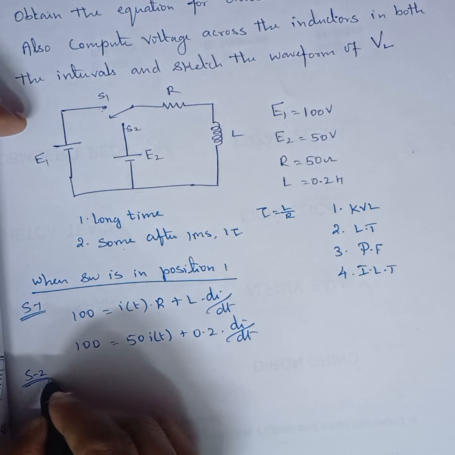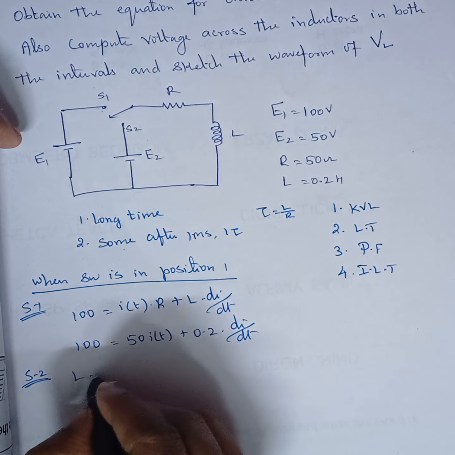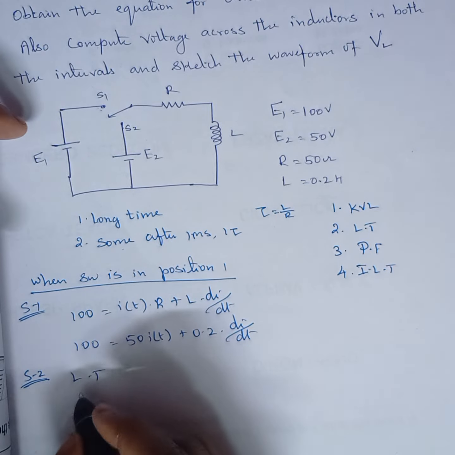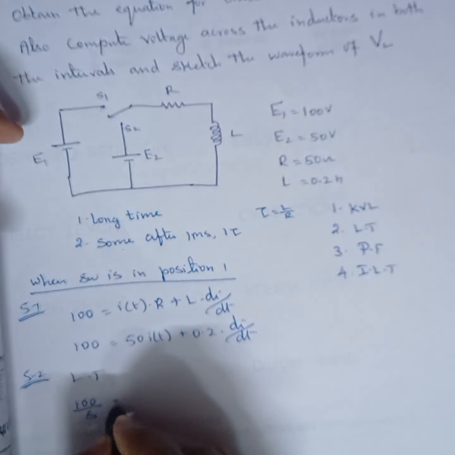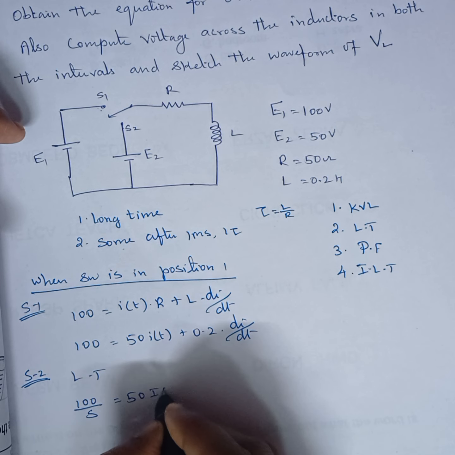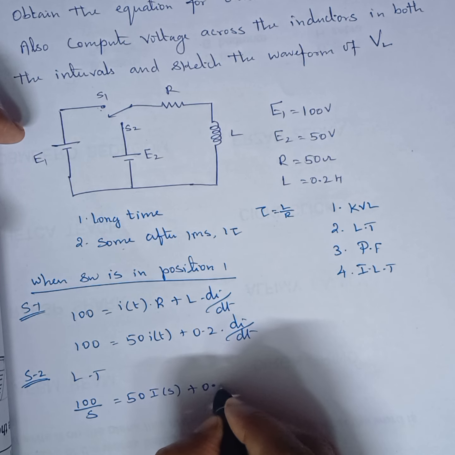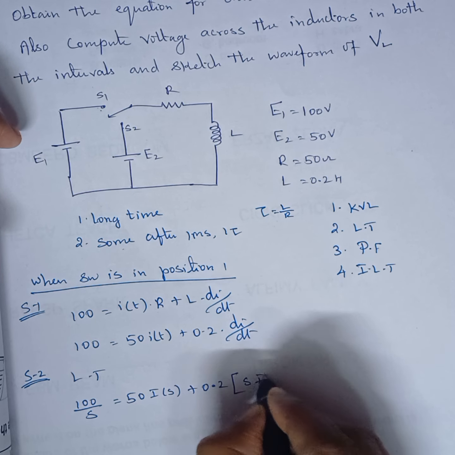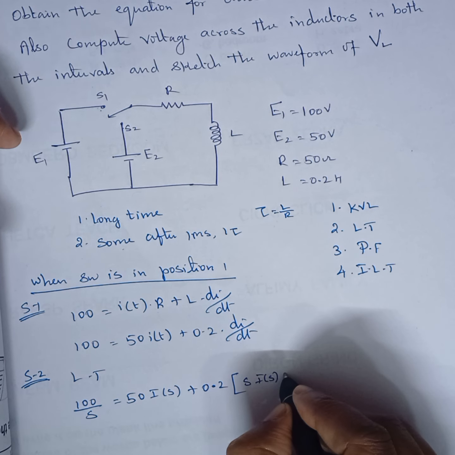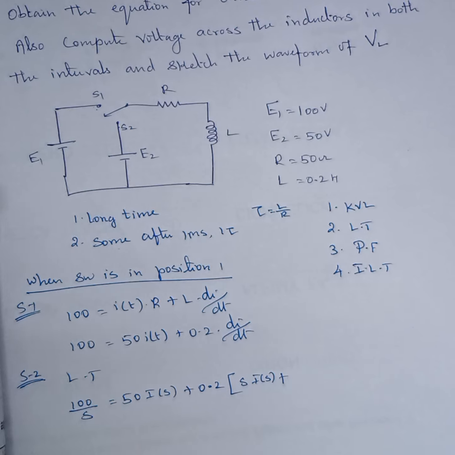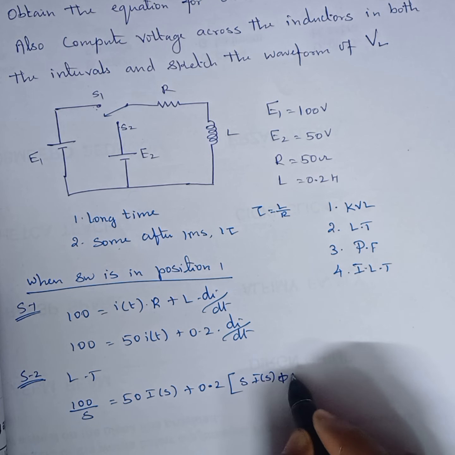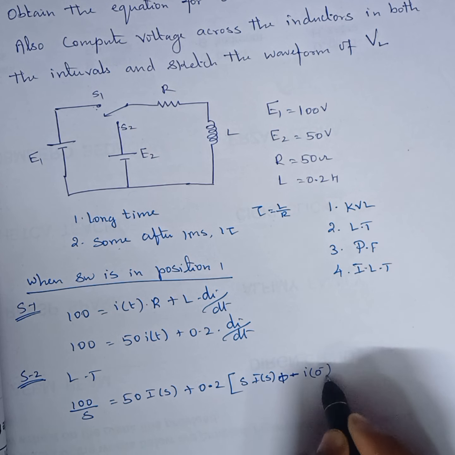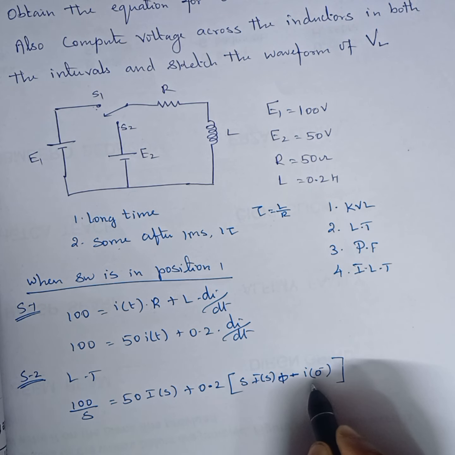What is the second step? We have to take the Laplace transform of the above equation. Taking the Laplace transform, we get 100 by S is equal to 50 into I of S plus 0.2 S into I of S minus I of 0 minus, or 0 plus, or simply I of 0.